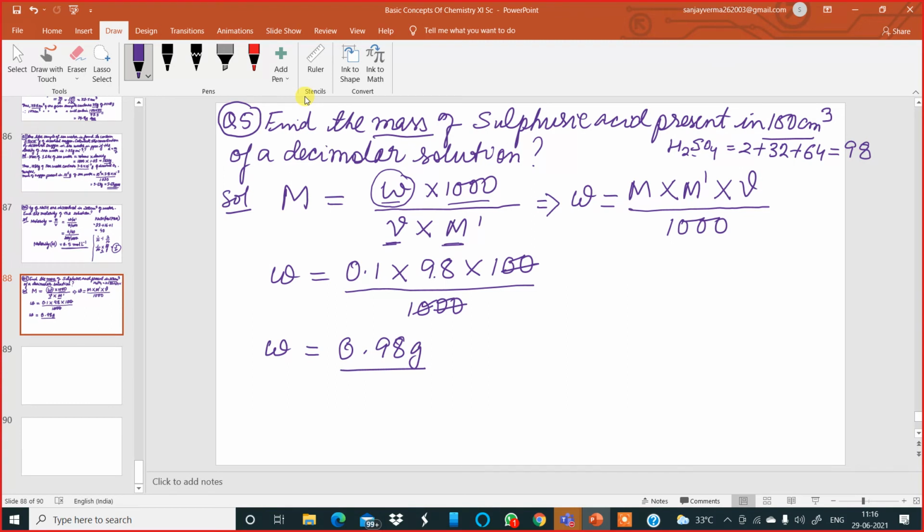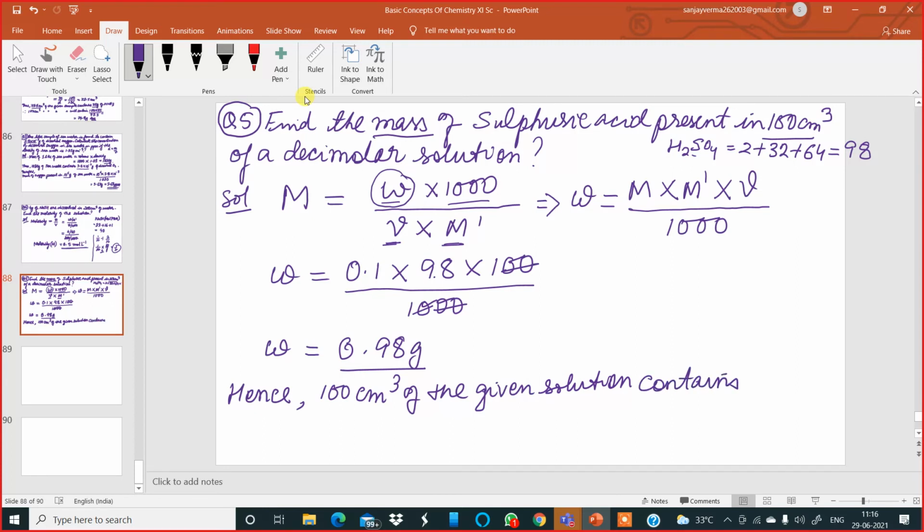Okay, so you can write a sentence over here. Hence, 100 centimeter cube of the given solution contains 0.98 grams of sulfuric acid.